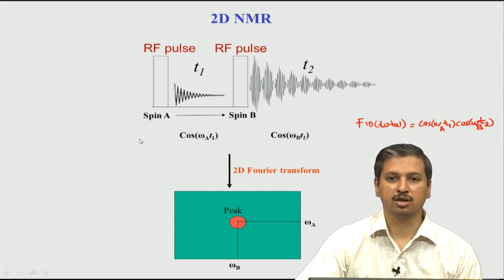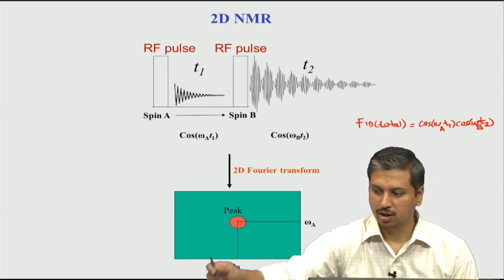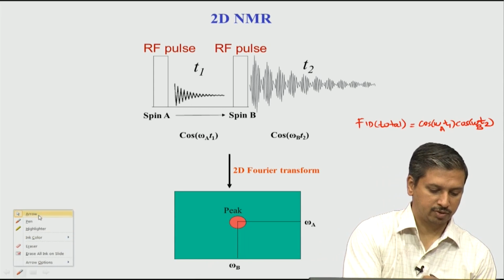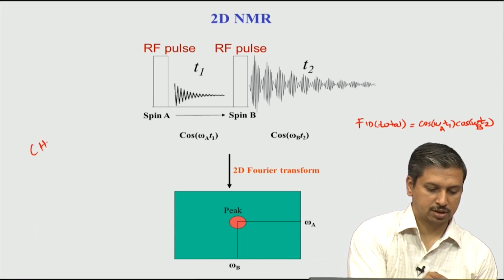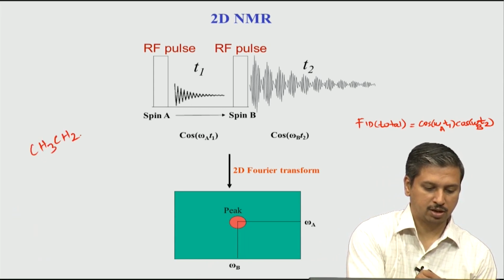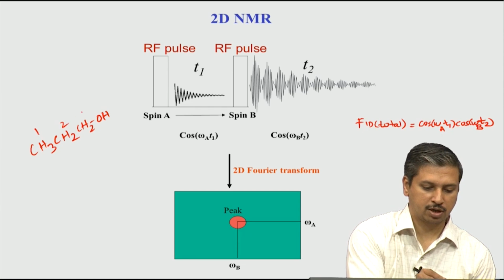So, for example, consider this molecule propanol, CH3, CH2, CH2 OH. So, let me draw this to give you an idea. We looked at ethanol all the while. Let me now consider the molecule propanol. So, here we have 3 protons 1, 2 and 3.